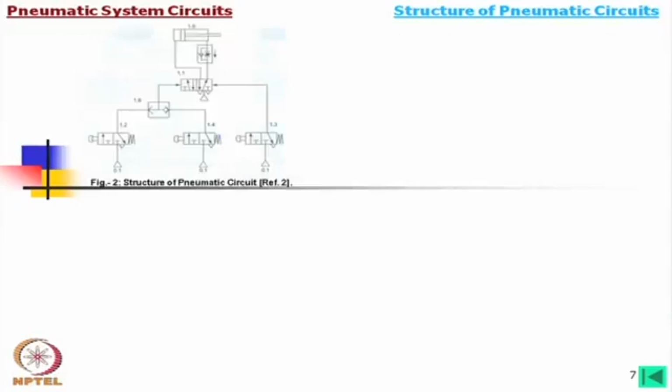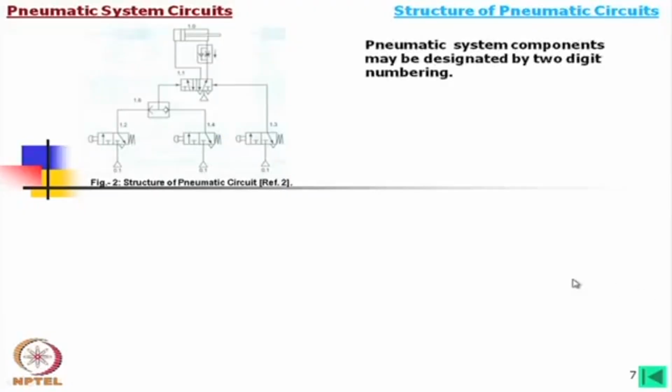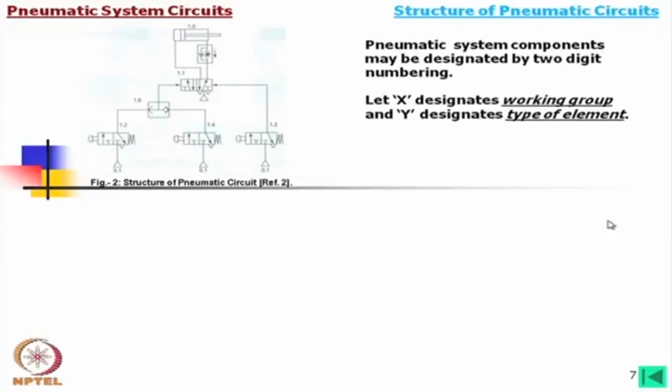Now, what is this structure which I have discussed? We can designate these items by two numbers. Here we find two numbers with a dot in between, a 2-digit number considering the dot. Let the first one be x and the second one be y.